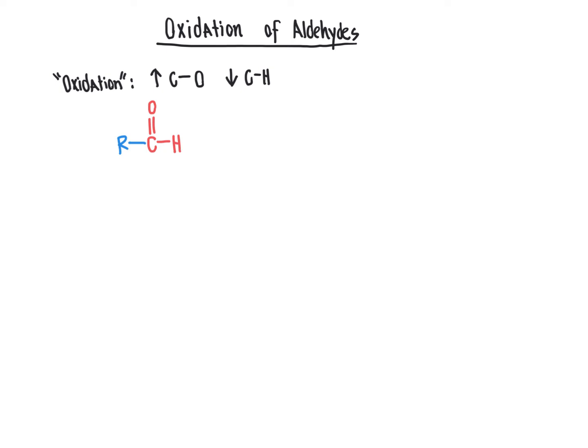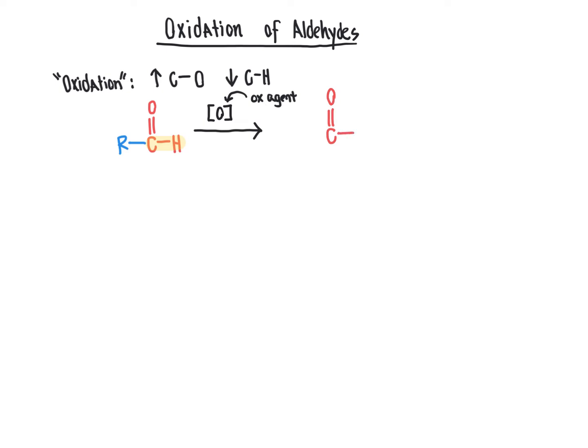In an oxidation reaction of an aldehyde, which I will abbreviate O here to represent an oxidizing agent, what will happen is that the carbon-hydrogen bond at the carbonyl right here will be replaced with a new carbon-oxygen bond, hence giving this reaction the classification of an oxidation process.